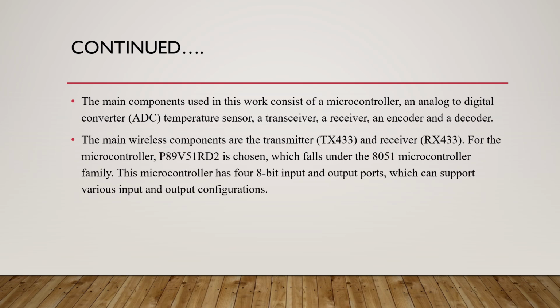The main wireless components are the transmitter, that is TX433, and the receiver RX433. For the microcontroller, we are using the P89V51RD2, which falls under the 8051 microcontroller family. This microcontroller family has 8-bit input and output ports, which can support various input and output configurations.